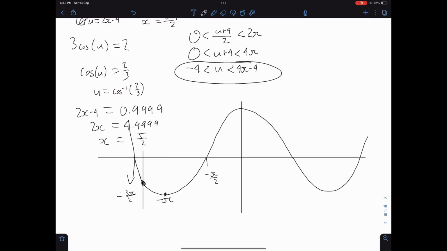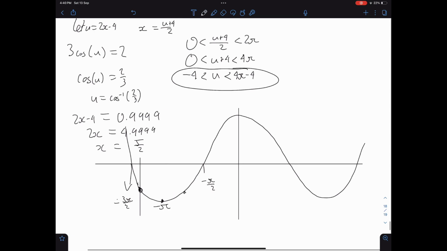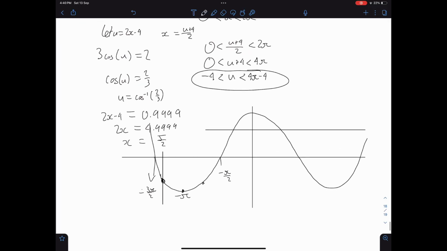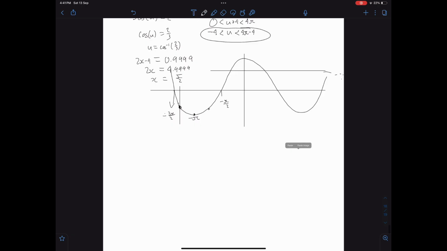So we know 4 is going to be roughly in here, so we don't need to worry about that too much, because remember we're going for when this whole thing is equal to 2/3, which is positive. And we're going to go all the way to 4 pi minus 4, and so we will have to keep going, and in fact I'm going to have to do a bit more.